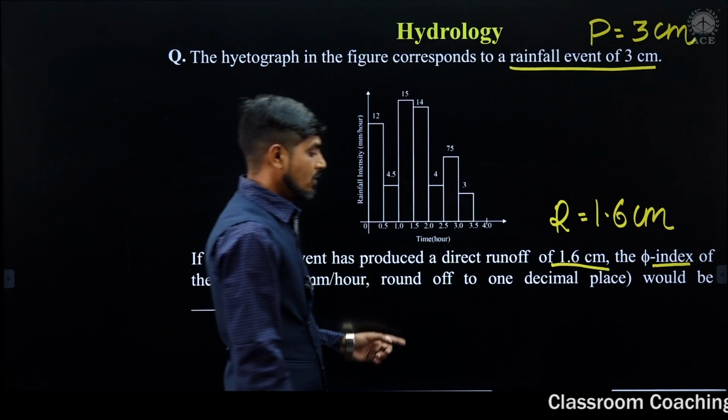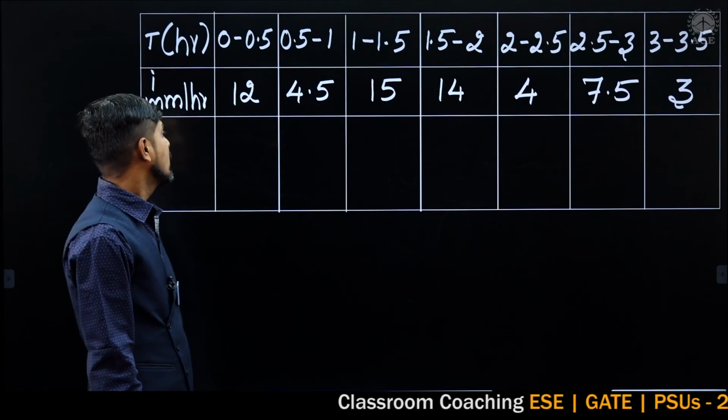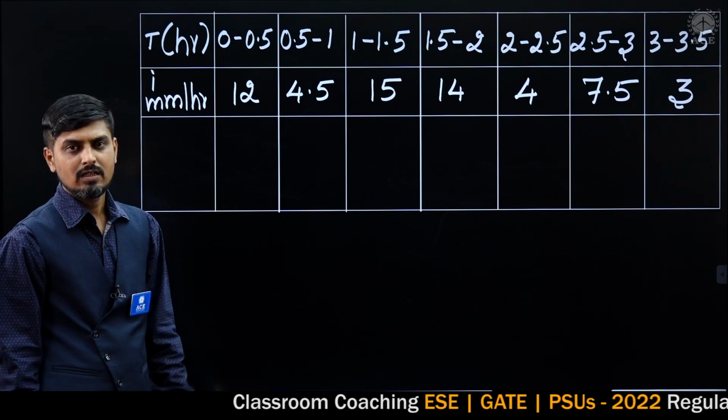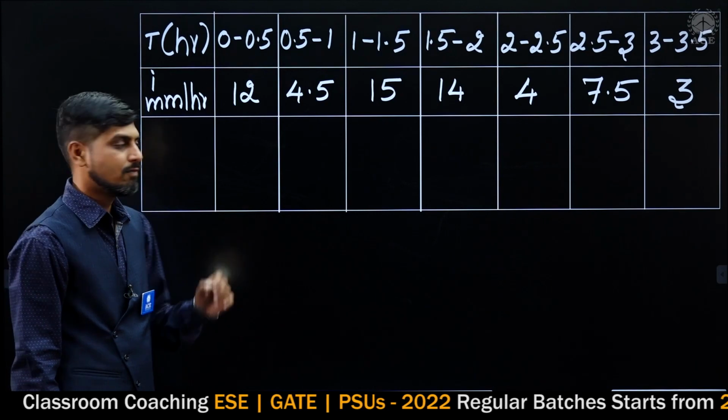Now, this is the given data here. Let me solve the problem by the trial and error method. Before that, first you should find out the rainfall values.